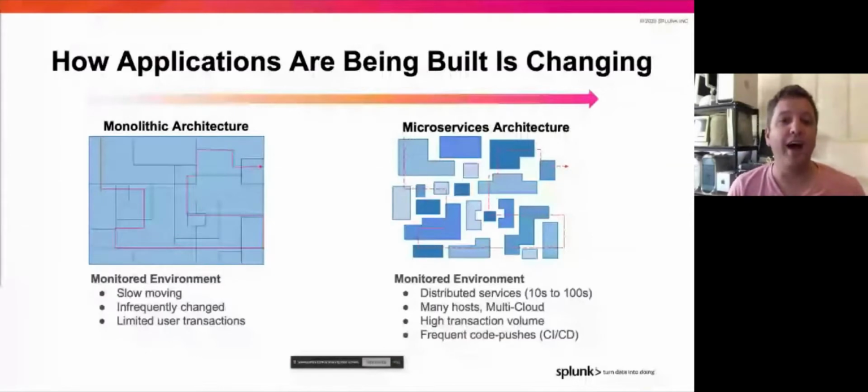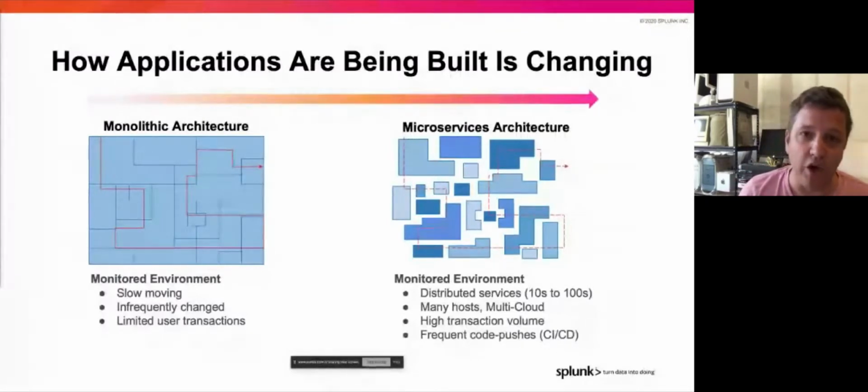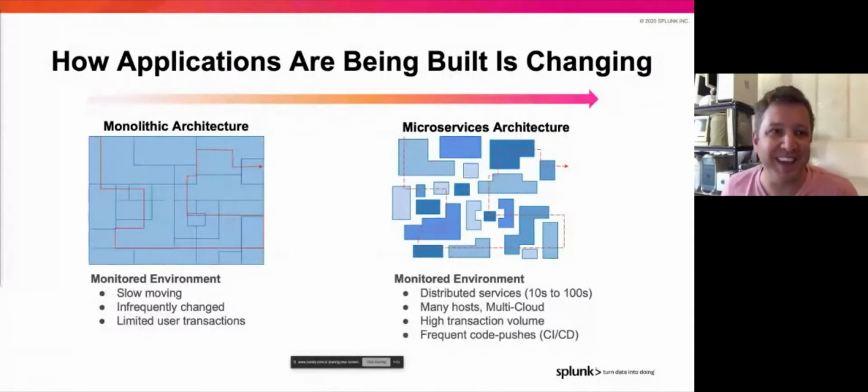And now you have a highly distributed environment with many hosts. It could be in many regions. It could be on multiple clouds. Multi-cloud is a big practice that many organizations are adopting. You're going to have higher transaction volume, and changes are going to be frequent. But the way changes work in this case is that these services generally are deleted and replaced.